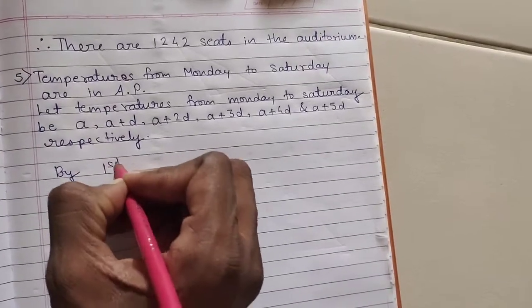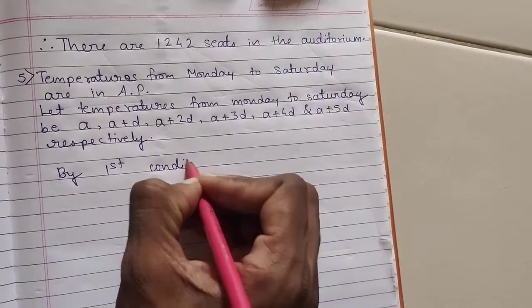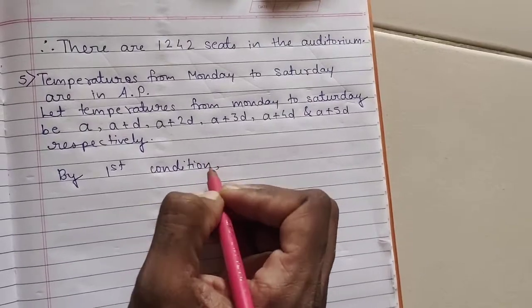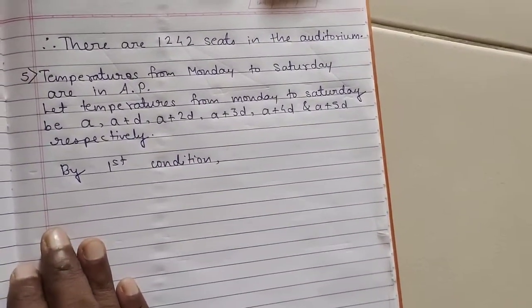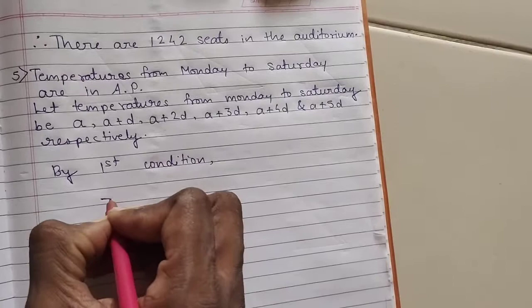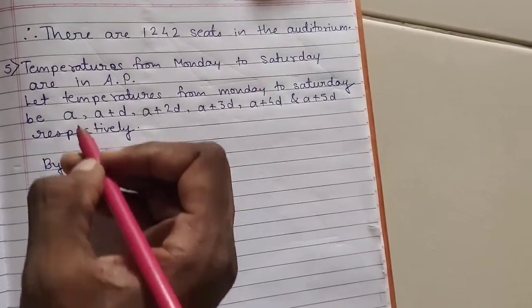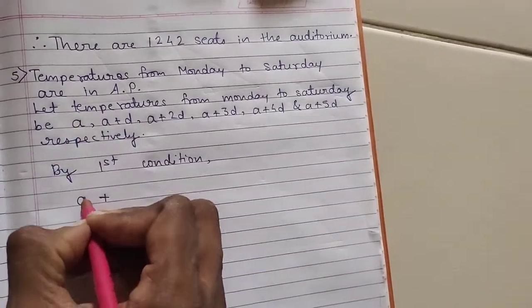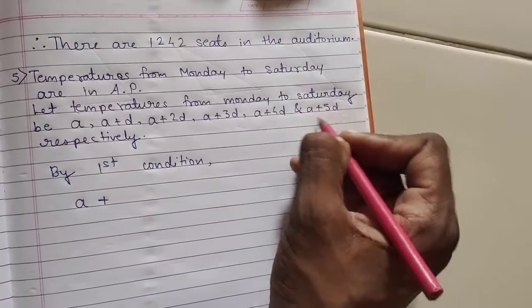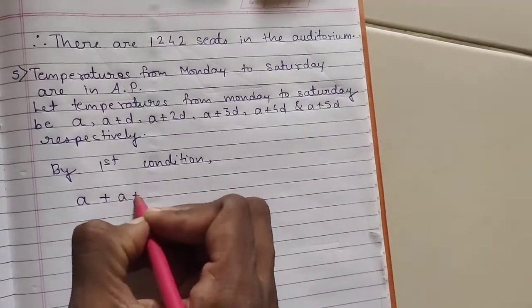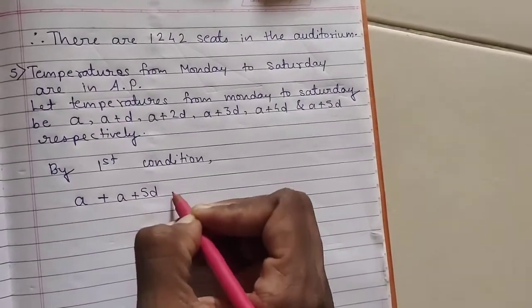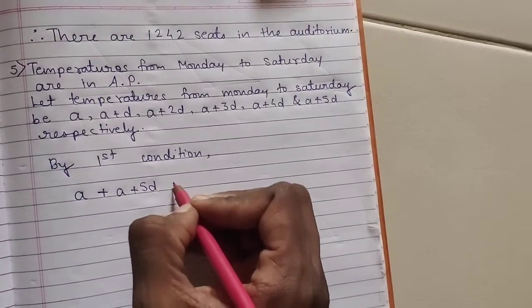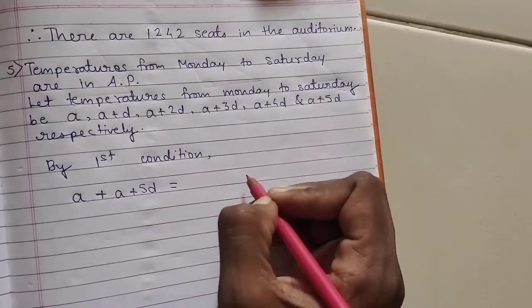Now we have to use the conditions which are given to us. So by first condition, now if you see the question, your first condition is what? Sum of temperatures of Monday and Saturday. Now which one is Monday? This one. So Monday plus Saturday. Saturday is your last day, so A plus 5D. So Monday and Saturday temperatures sum was 5 more than.